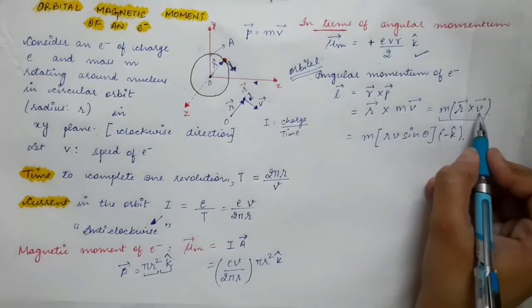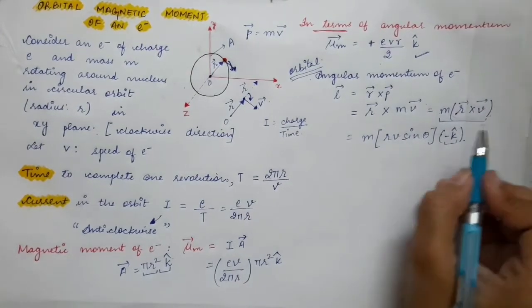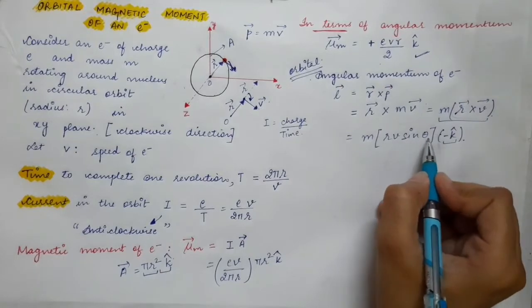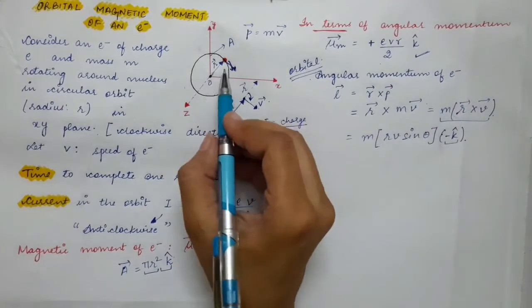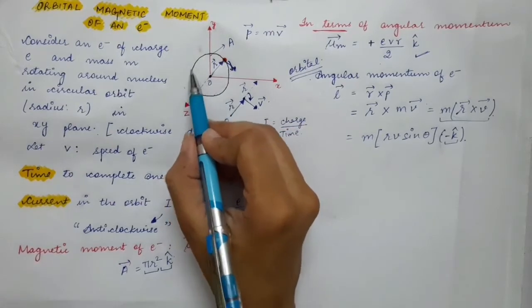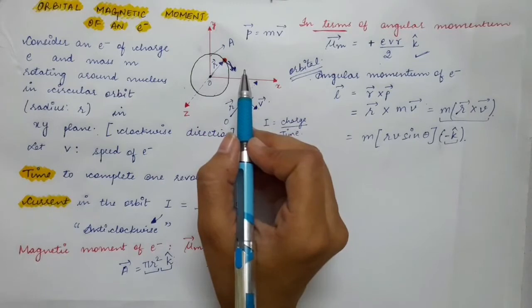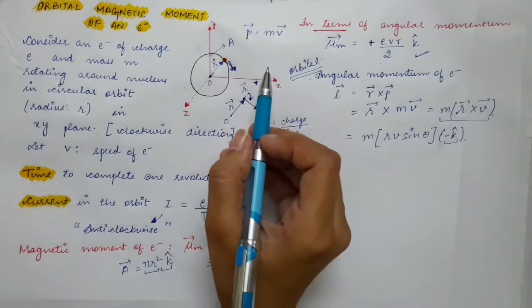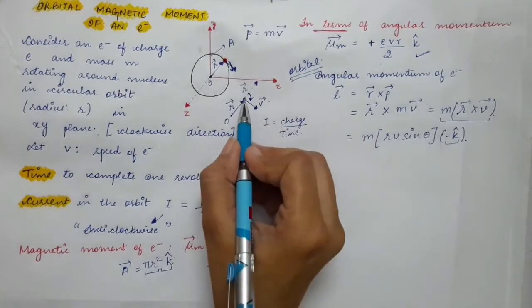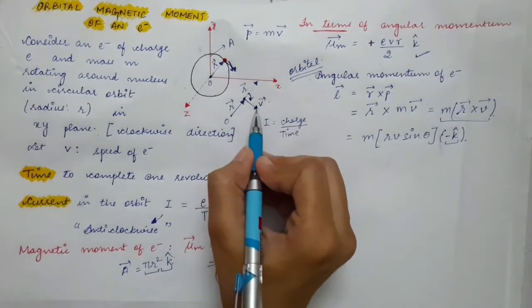So its unit vector will be equal to minus k cap and its magnitude will be equal to rv sine theta. And over here you can see that at every point on this circular motion, r vector and v vector make an angle of 90 degrees with each other. So in this case also, this is the position of the electron, this is the r vector and this is the v vector.